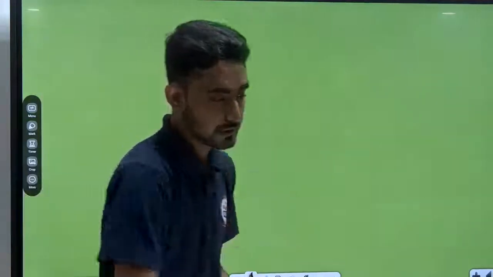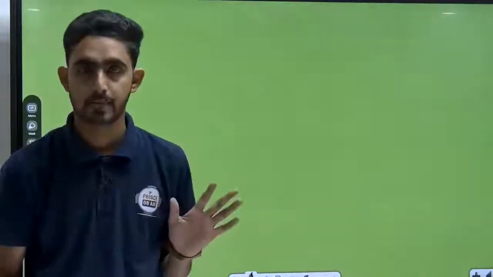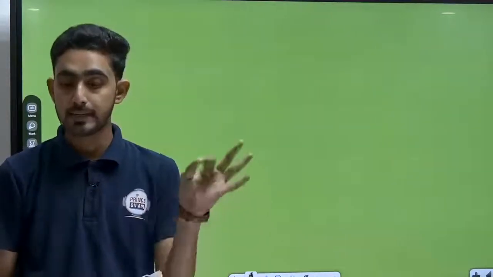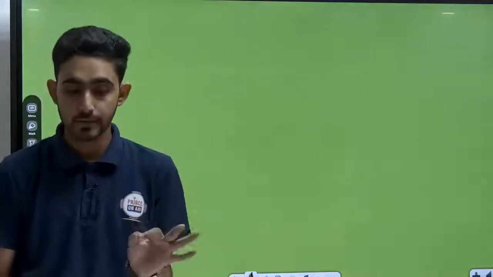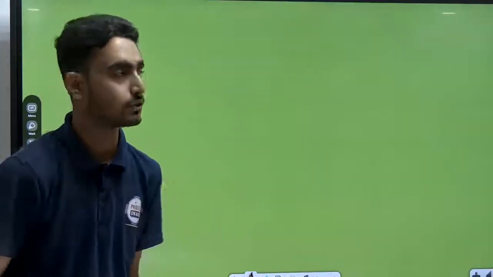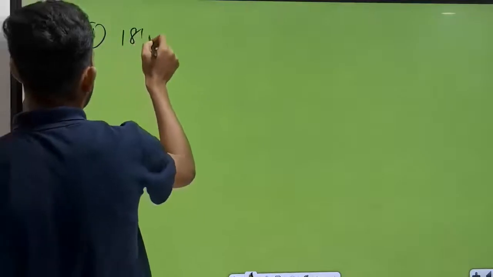So all of you just read the question one time. Find the smallest number by which each of the given numbers should be divided, so that whatever result comes is a perfect square. Okay. So first question, let's see. Question number 3, first part, 180.